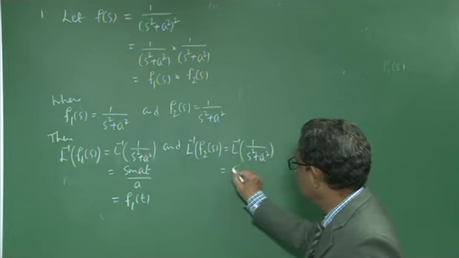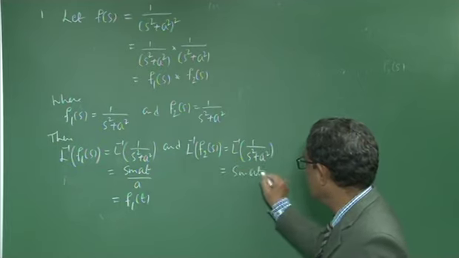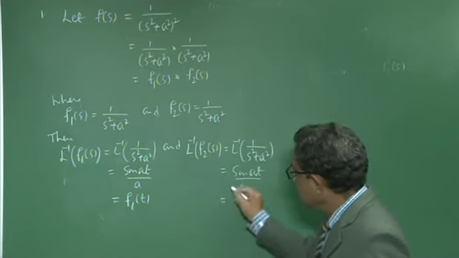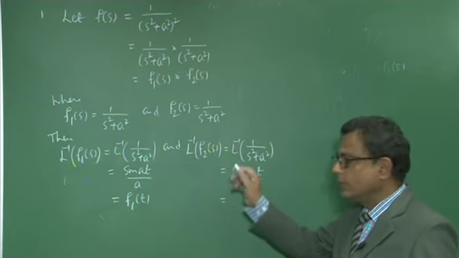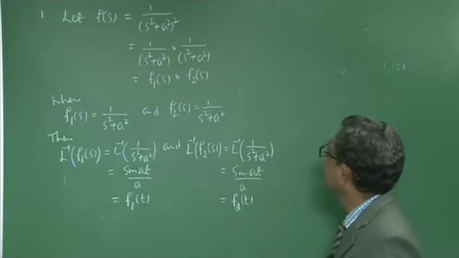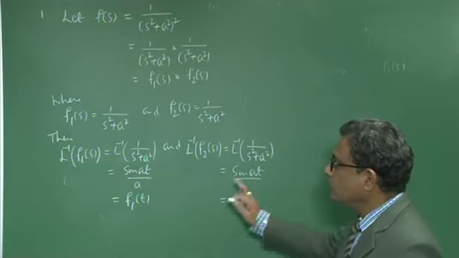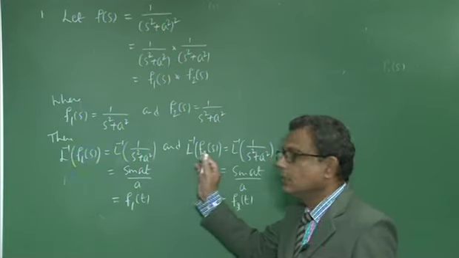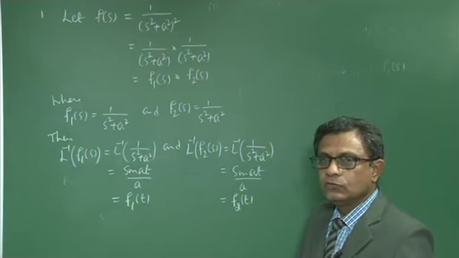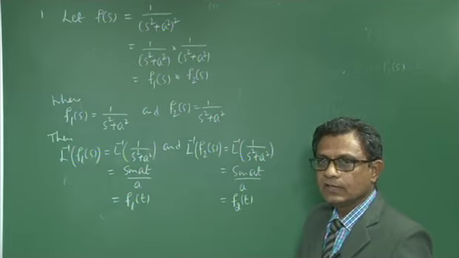It is also the same, sin at by a, by using the standard formula. You can take it as F2 of t. Yes, now for both the functions we got the inverse Laplace transform. Now you can use the convolution theorem.